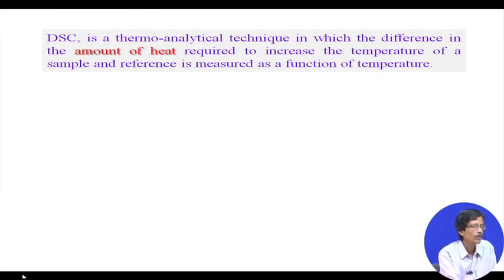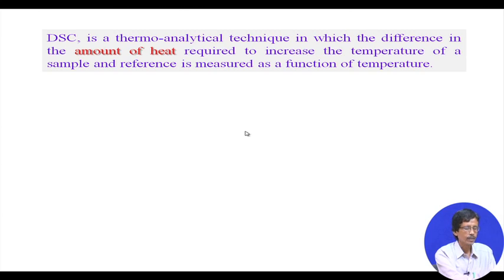So, we can have a good control regarding the corresponding furnace, that we know the amount of heat we can put or the amount of heat which can come out. So, it is a thermoanalytical technique in which the difference in the amount of heat, now we are talking not in terms of the corresponding temperature difference, but in terms of the corresponding amount of heat required to increase the temperature of a sample, and the reference is measured as a function of temperature.